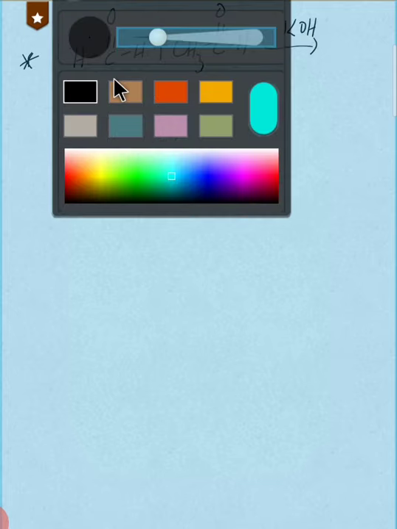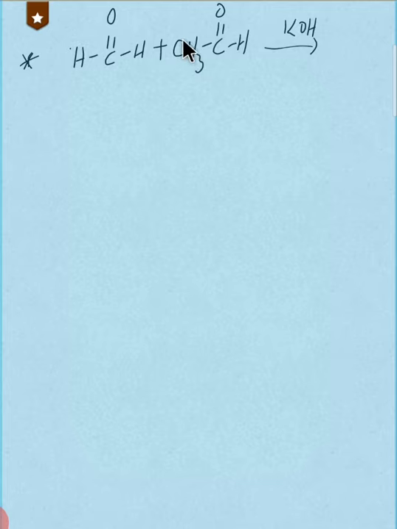Now here the point is, this is alpha carbon atom, alpha hydrogen is present here, and this has no alpha hydrogen. So to this molecule Cannizzaro reaction can take place, and to this molecule Aldol reaction can take place, right? So which product we need to form, that is the question here, right?